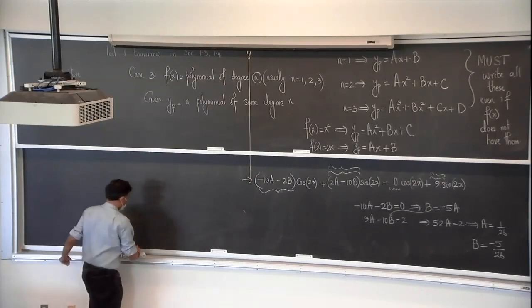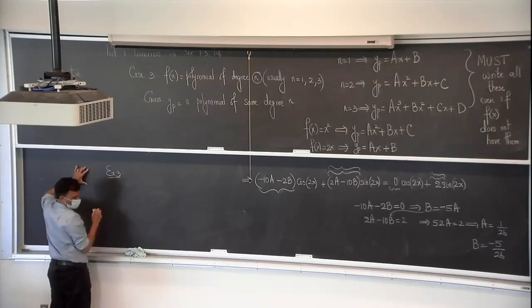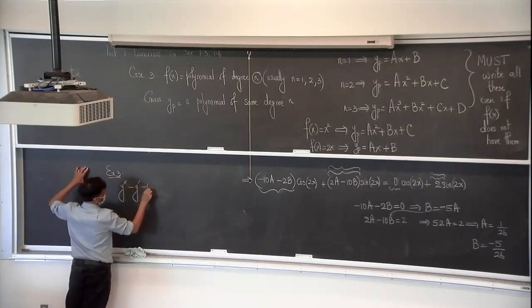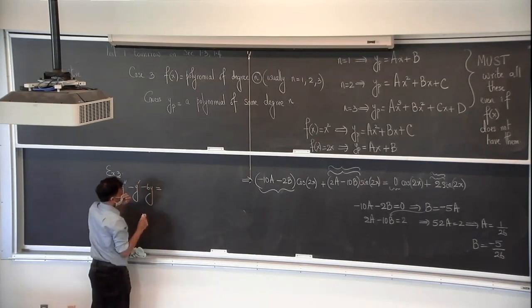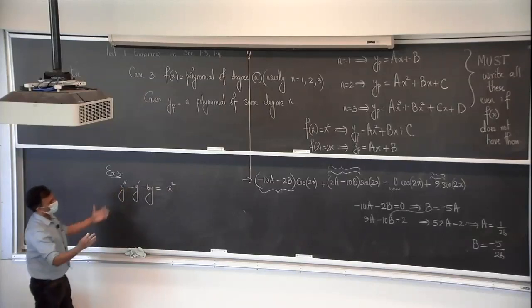So let's do a quick example. Example 3. Let's keep the same left-hand side. y double prime minus y prime minus 6y equal to, let's just do x squared.